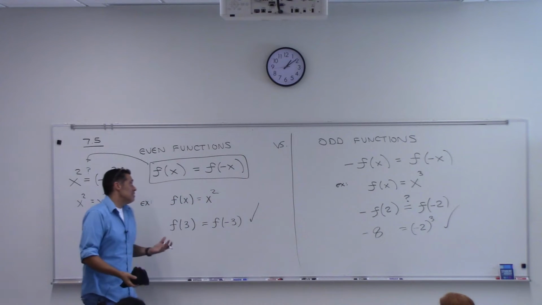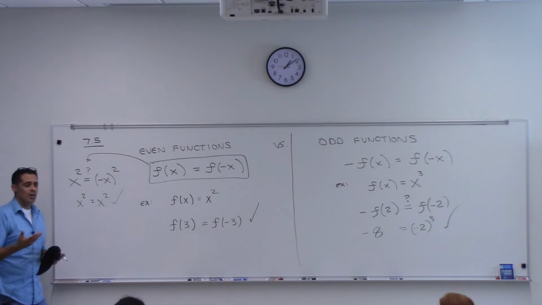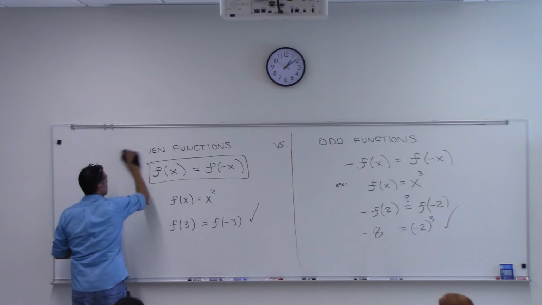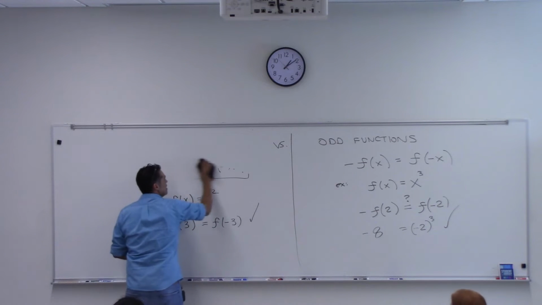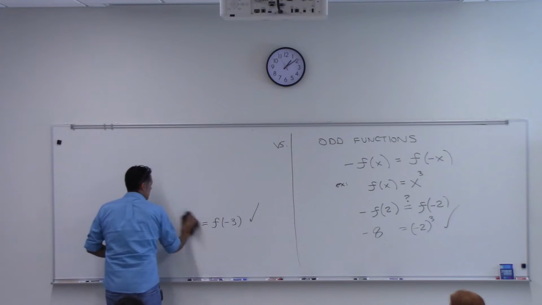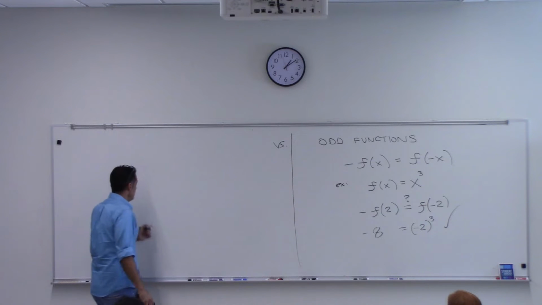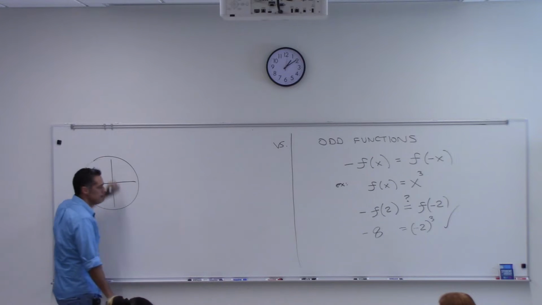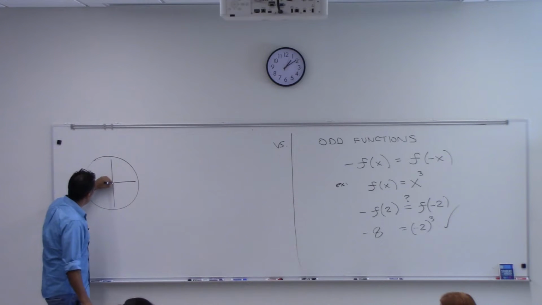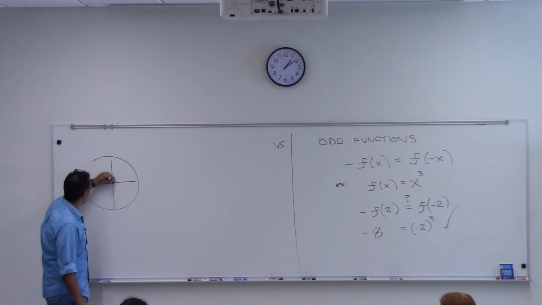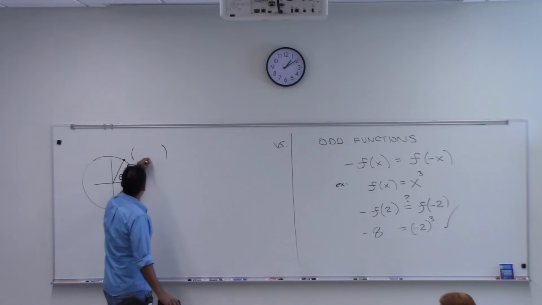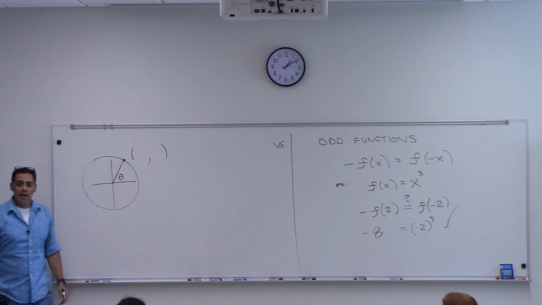So the question is, are cosine and sine even or odd? Let's look at the cosine function. And I'm going to use theta instead of x because I think it might be a little easier for us right now. Think back to your unit circle. If I go somewhere, anywhere on this unit circle, doesn't matter where it is, and I pick some theta here, let's look at what cosine of that angle is.